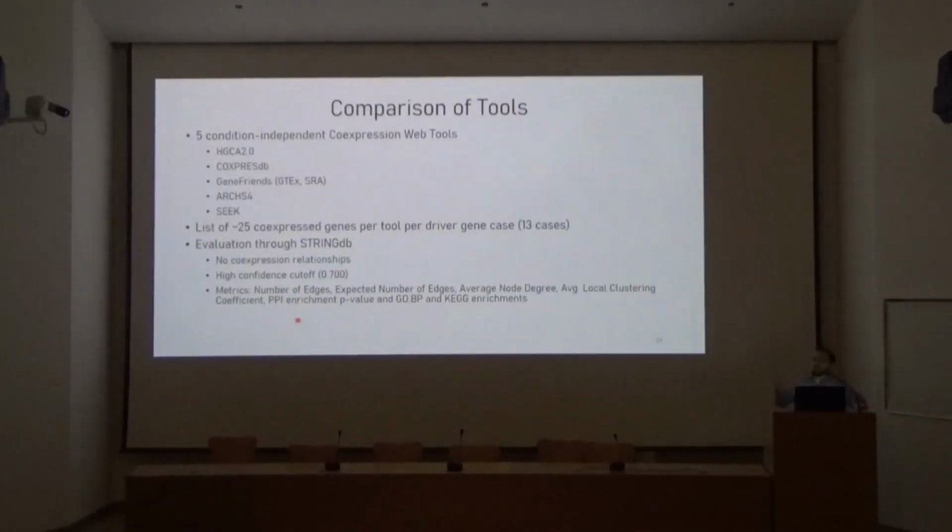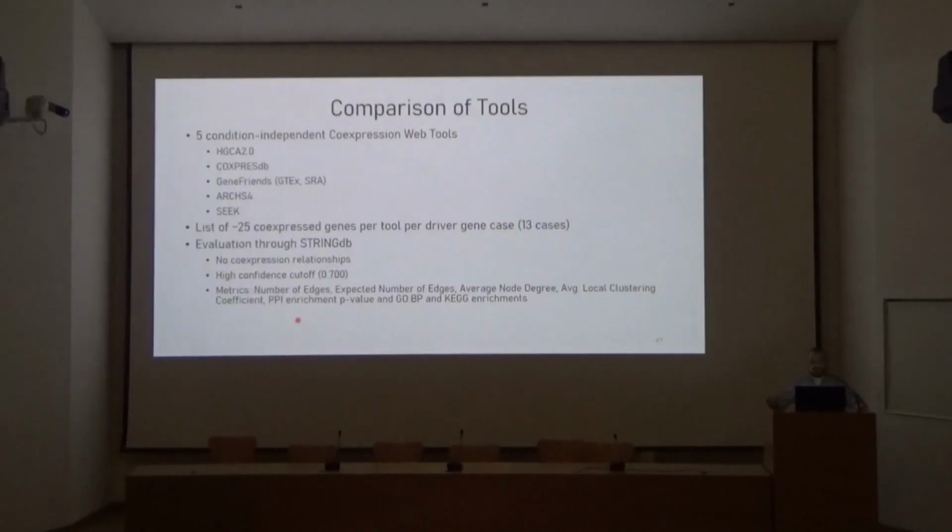Since we can't really judge the quality of co-expression in a vacuum, we decided to compare HGCA results with 4 other co-expression tools, 5 if you count GeneFriends, which actually has 2 versions.